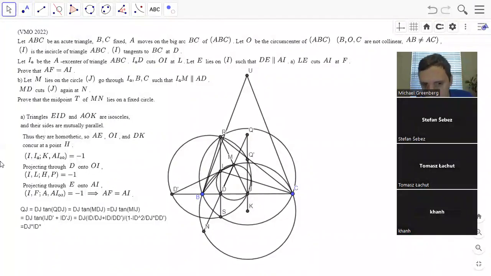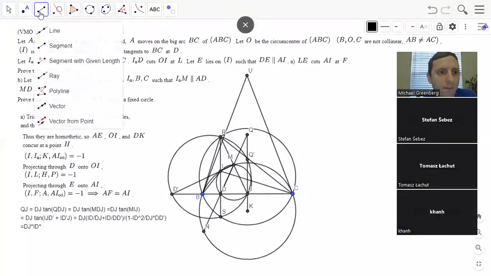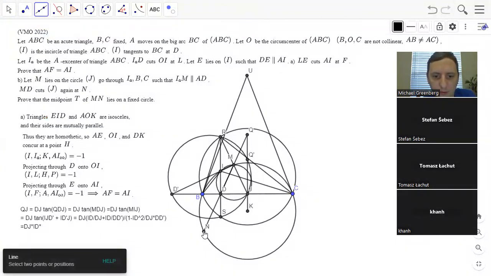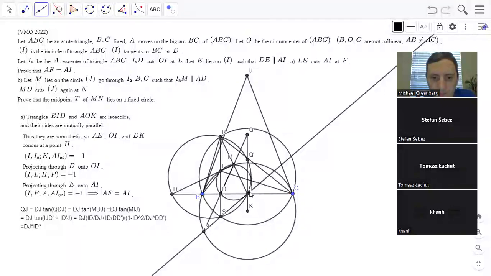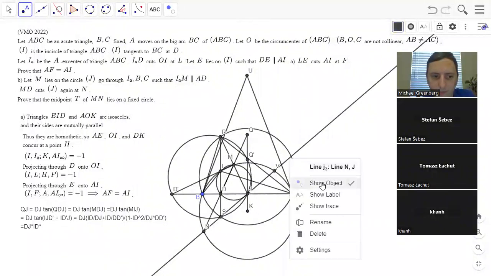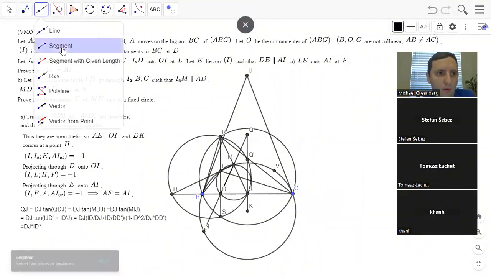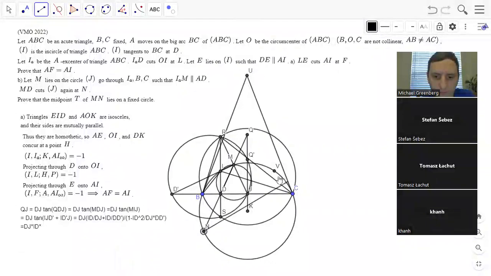So let me see. And intersect NJ with BIC. Okay. Then can you unhide point like the excenter in the original problem?